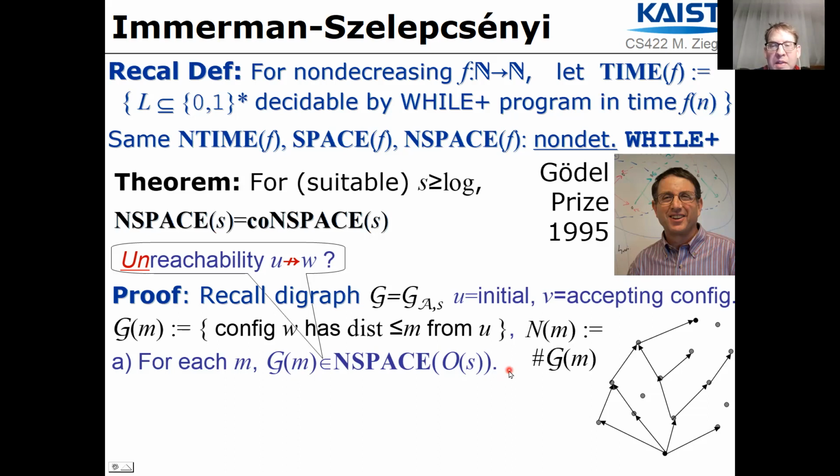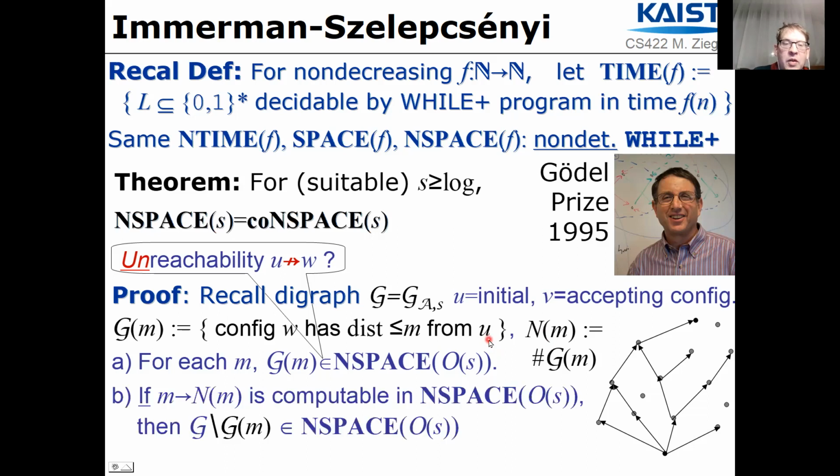Let me also introduce some terminology about this level of the graph, namely the number of nodes, the number of configurations that are reachable within at most m steps. Let's call that capital N of m.